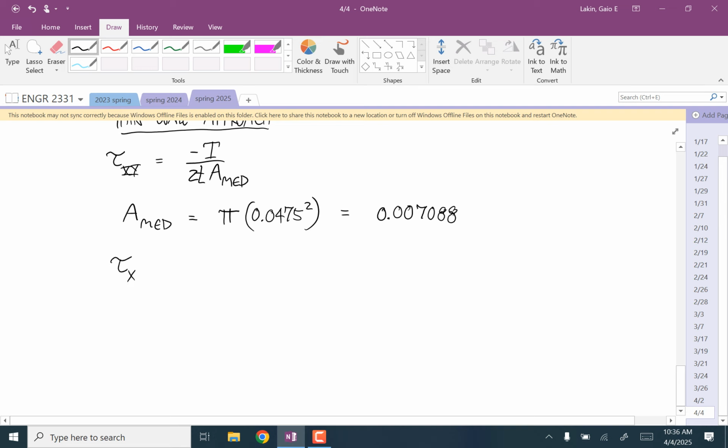And so tau XY is equal to negative of negative 500 times 2 times 0.005, the wall thickness. If the wall thickness varies, remember to use the wall thickness at the spot that you're looking at.